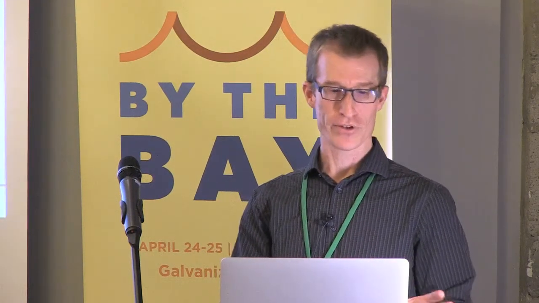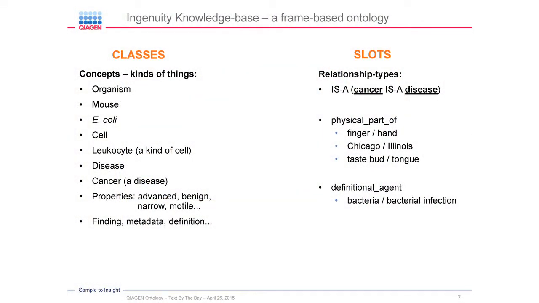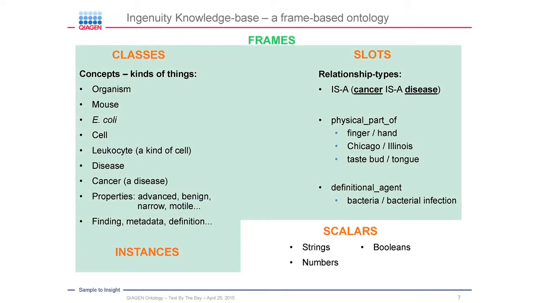So the first list of things we model as classes. The second list we model as things that are called slots. We also have instances of classes, and so there are specific references to each of these things. And then finally, we can talk about scalar values.